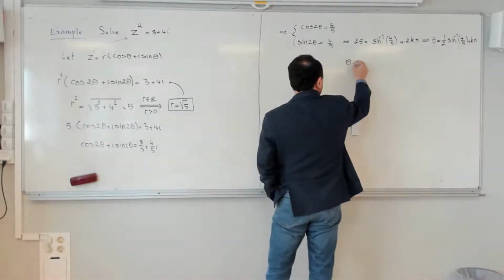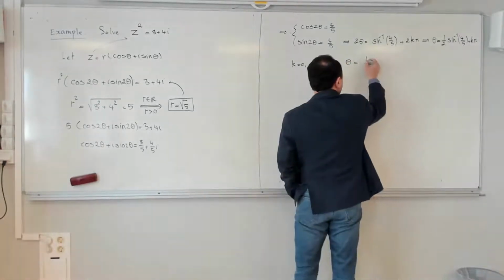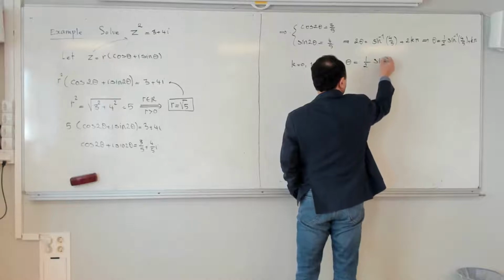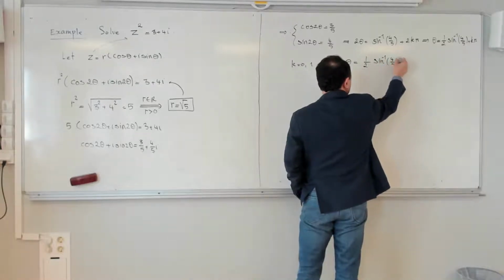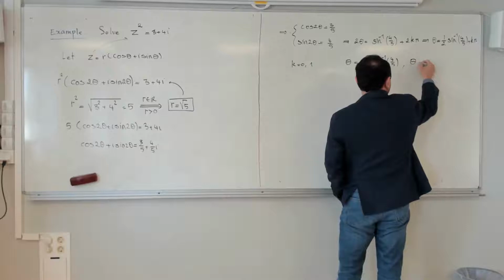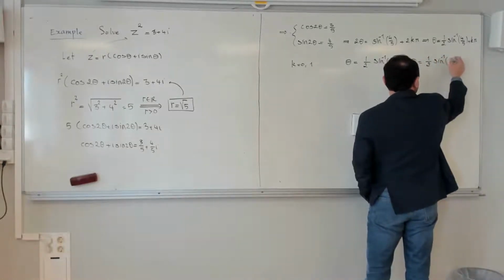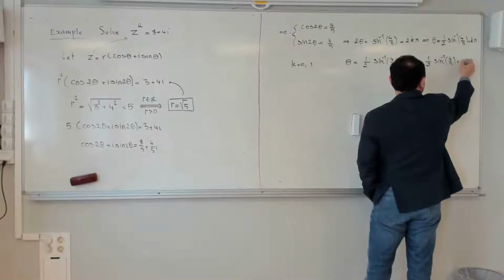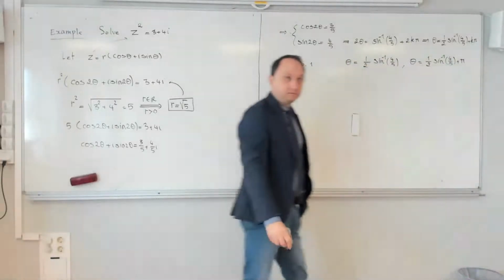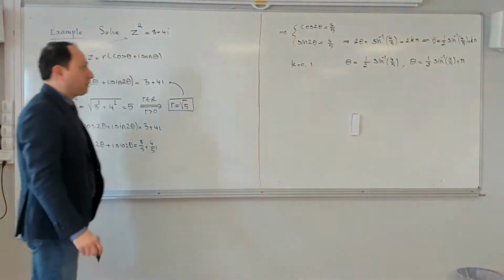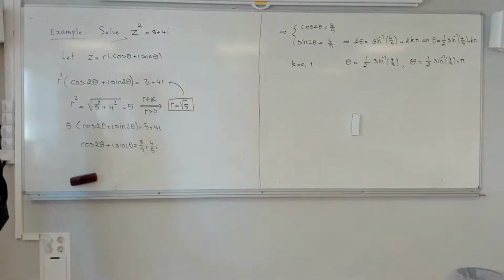One of them is k equals 0, so it gives me theta equals 1/2 sine inverse of 4/5, and the other one, if I put k equals 1, becomes 1/2 sine inverse of 4/5 plus pi.